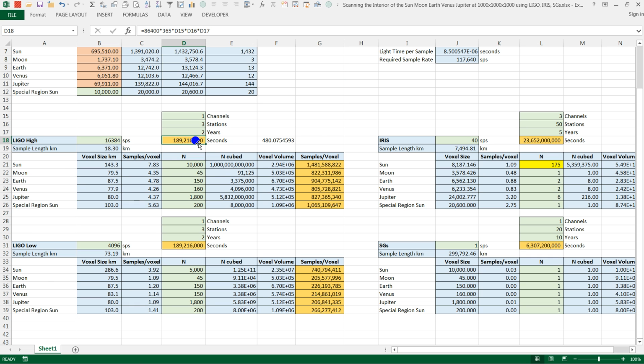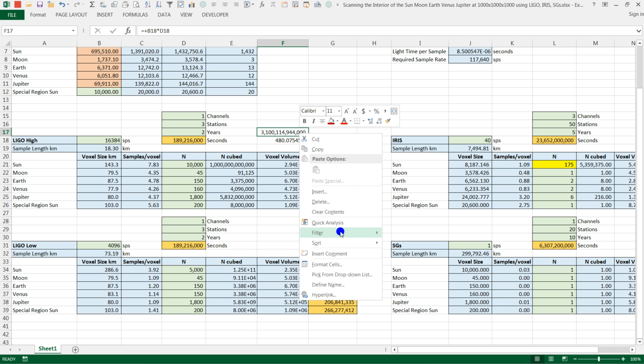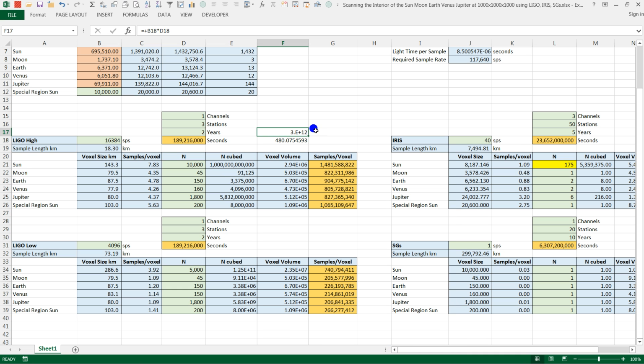This 189 million times 16,384 is rather large, so even for only a couple of years, I'll have to do it in scientific notation. Okay, 10 to the 12th. So there's that many data points in there.